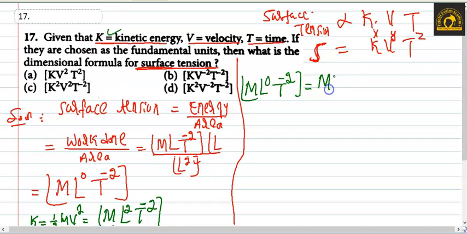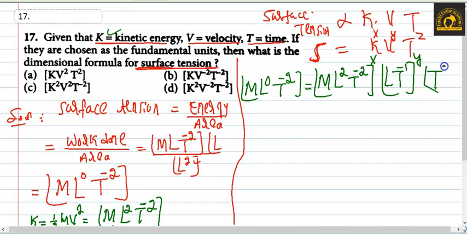This is to the power x. Velocity is L T minus 1, that is to the power y. So T to the power of what?